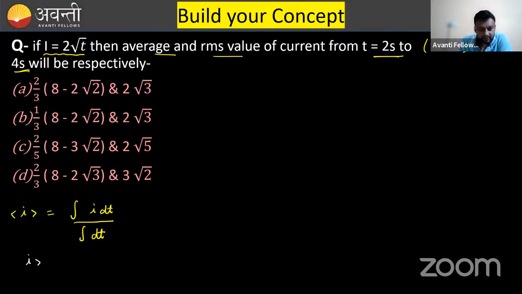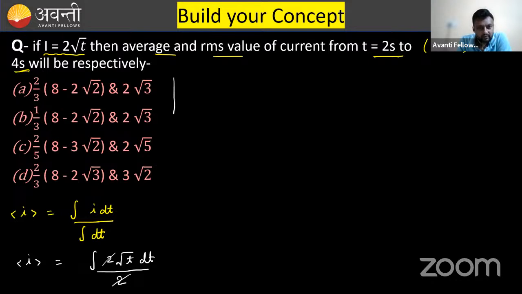So I average is equal to integration of I dt. I is 2 root T dt divided by the time period. The time period is 2 to 4 seconds, that is 2 seconds. So this 2 and 2 can be cancelled.